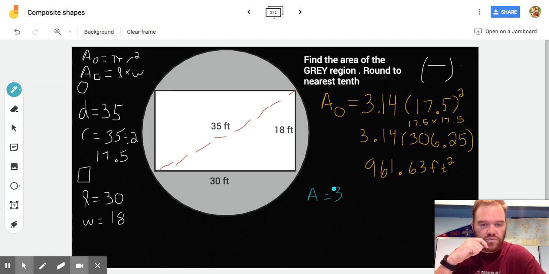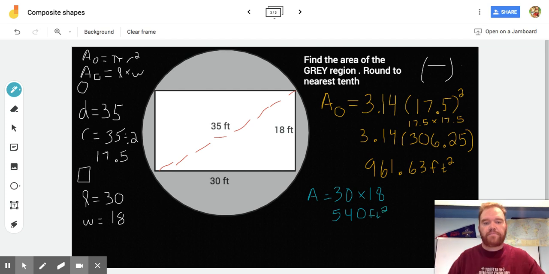So I'm going to do 30 times 18, and I get 540 feet squared. Now I know the area of my circle and the area of my rectangle, and I remind myself that I was taking areas out, so I'm going to subtract.